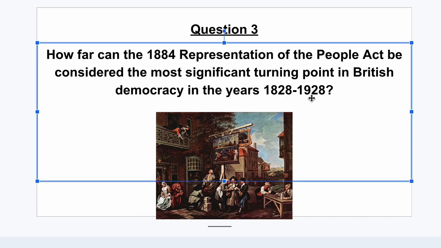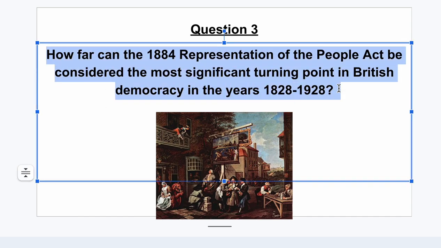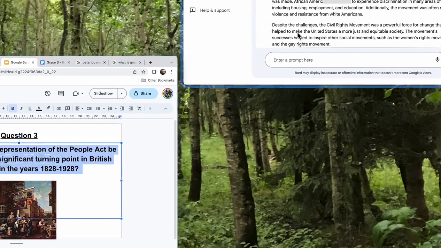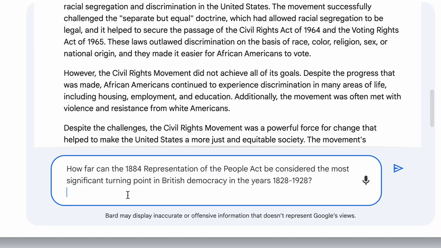Okay, last question. This is the broader question on turning points in British democracy: to what extent can the 1884 Representation of the People Act be considered the most significant turning point in British democracy within this 100-year time span, 1828 to 1928? So let's have a look at how well it does for this broader question.